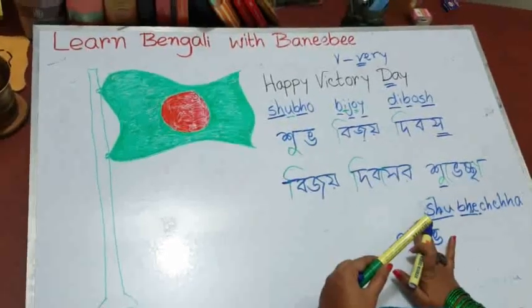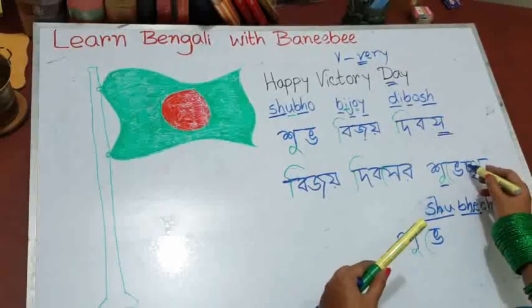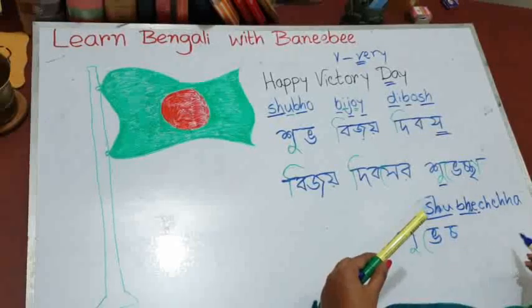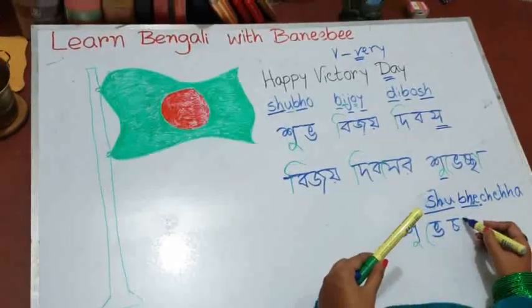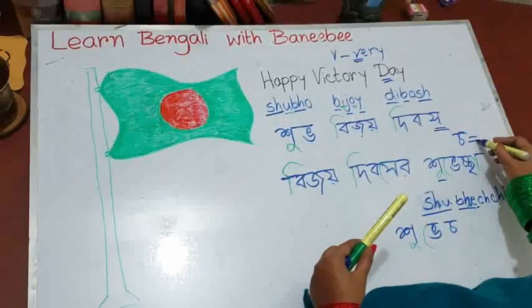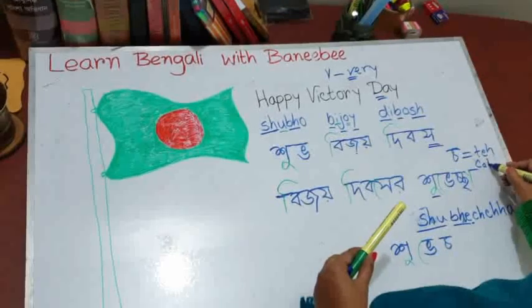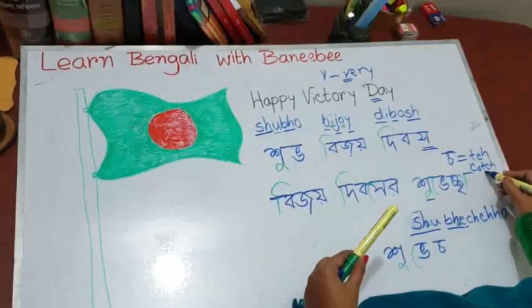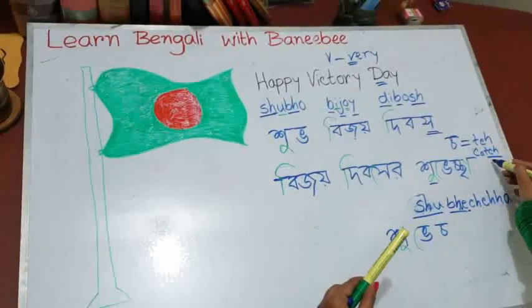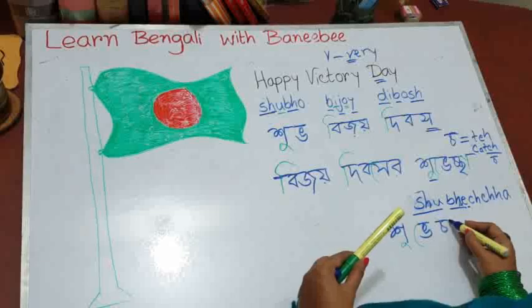Without it, this is just bha. With it, this is bhe. Now this one is cha, and cha means TCH in the English word catch. So this is cha.